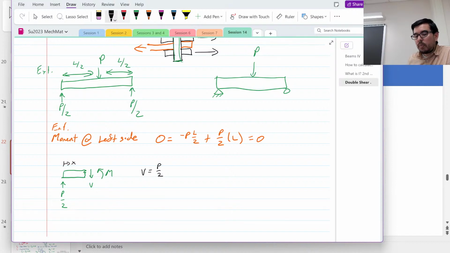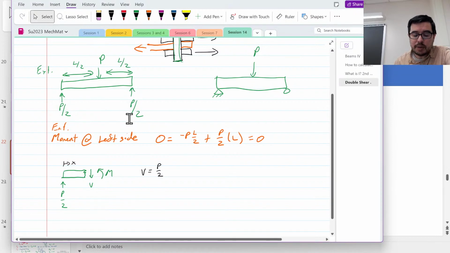Now, what about the internal moment? Well, there are a couple ways to, at least until you get to the middle. The internal moment, that's maybe an interestingly tricky one. Maybe not. Okay. What do we have here?